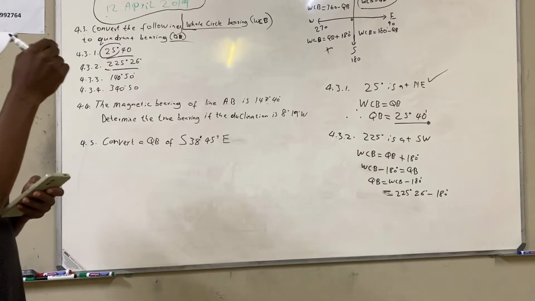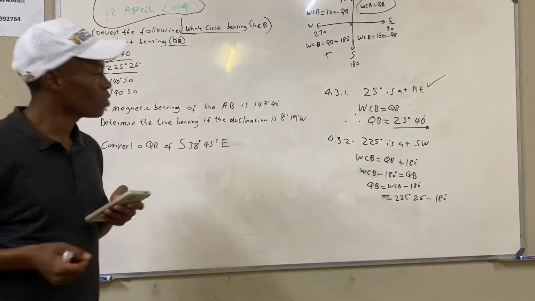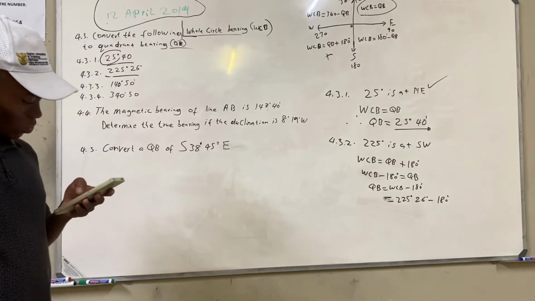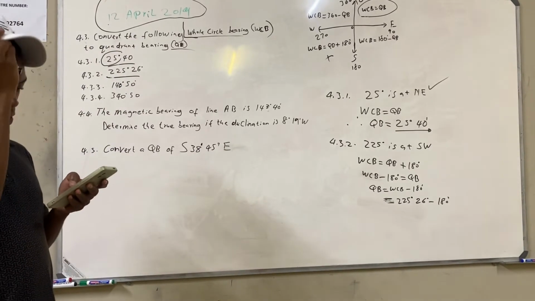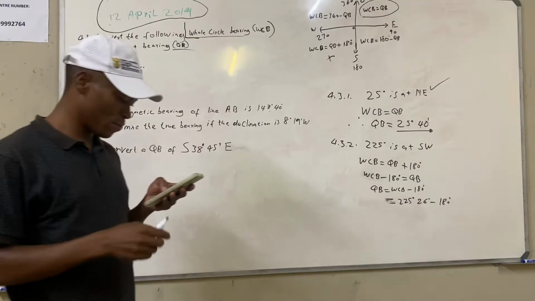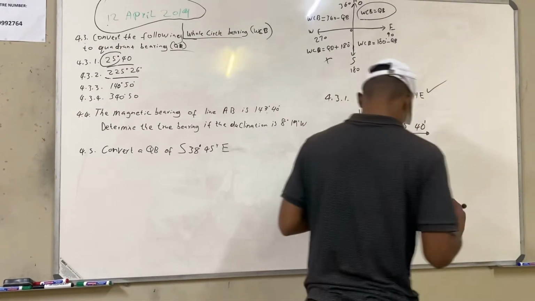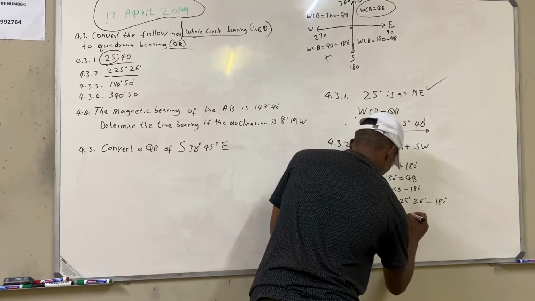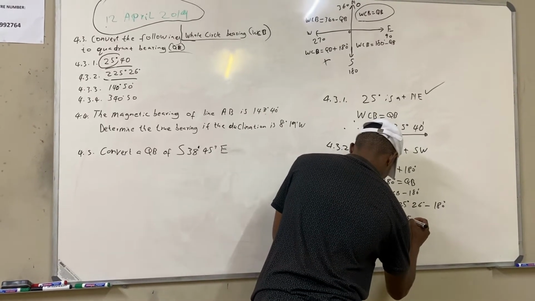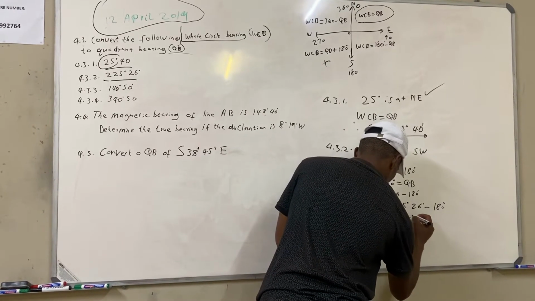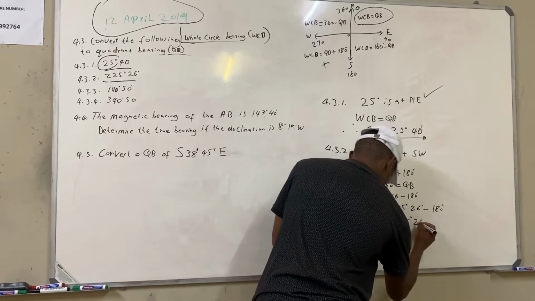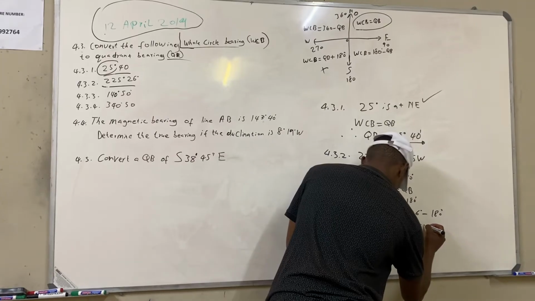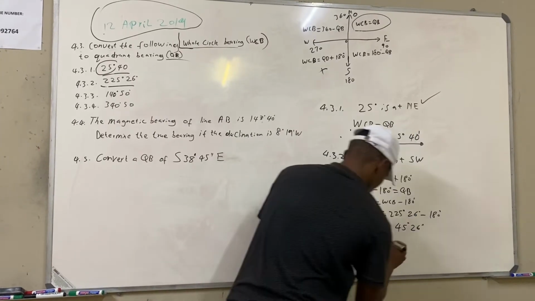There is a key on the calculator for that. Then subtract 180, and press the key again. Then you are going to get 45 degrees 26 minutes. So it's going to be 45 degrees, 26 minutes, degrees and minutes.